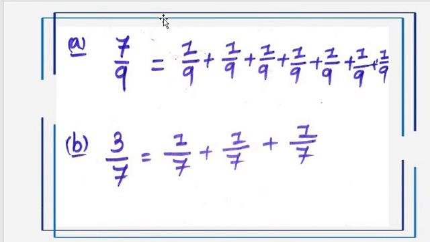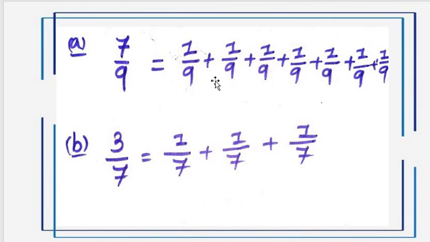So question number A, 7 upon 9. How do we write it as a unit fraction, meaning a single fraction? So 7 means 1 plus 1 plus 1 plus 1, like 1, 2, 3, 4, 5, 6 or 7. 1 upon 9 plus 1 upon 9 plus 1 upon 9, and so on.